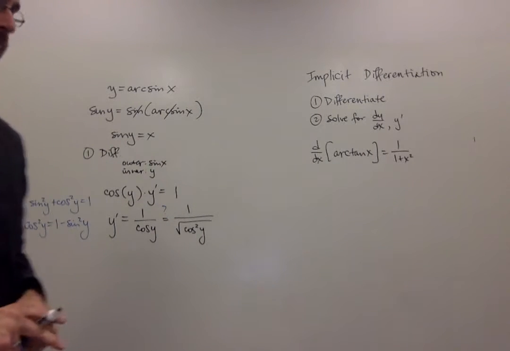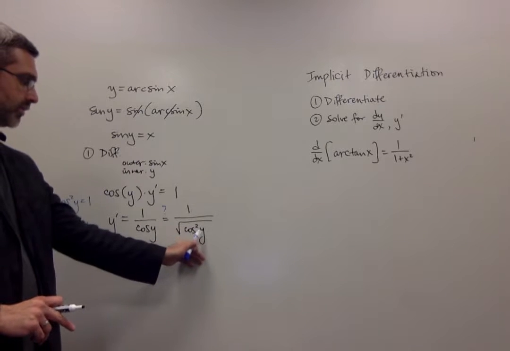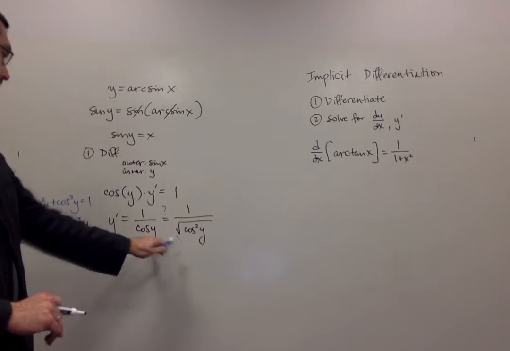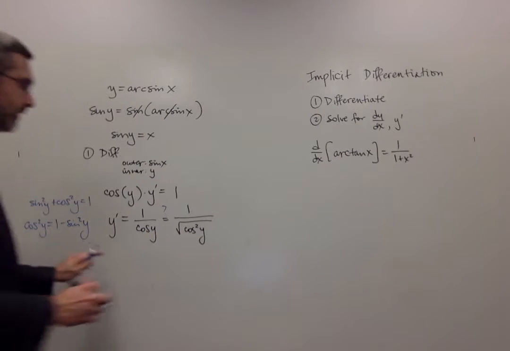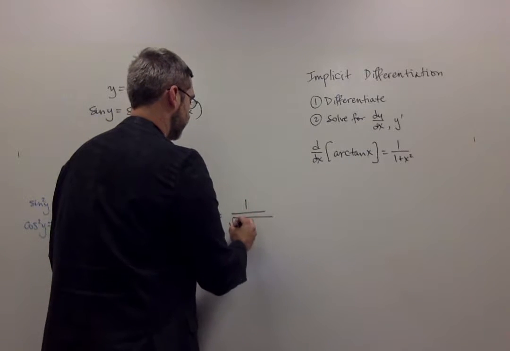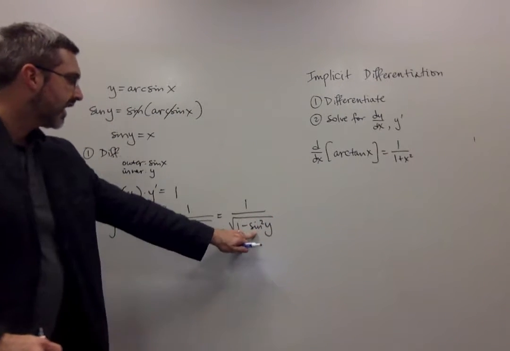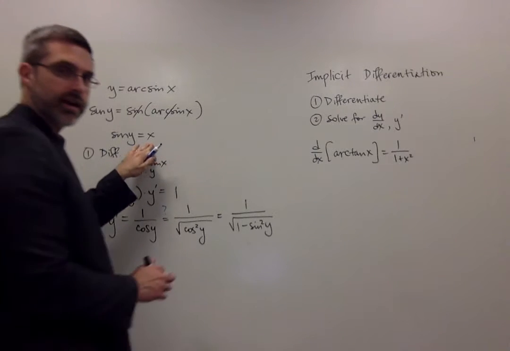Okay. But if cosine of y is the square root of cosine squared, so the squared and the square root go away, then if I substitute this formula back in, this is 1 over the square root of 1 minus sine squared, and sine of y is just x.